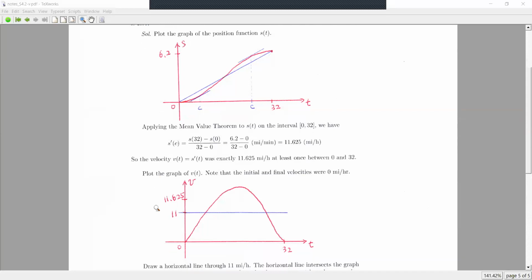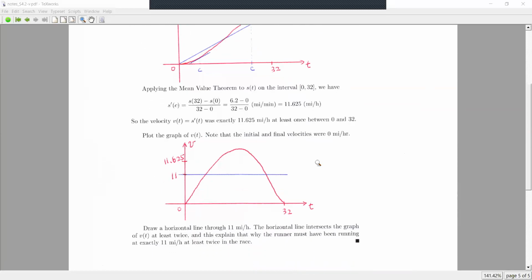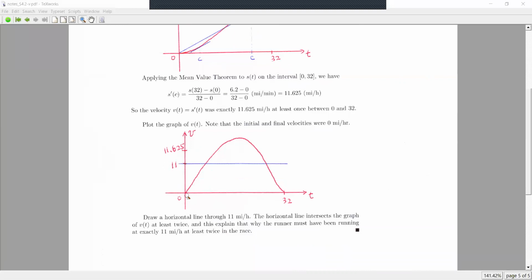Then I plot this graph of the velocity. When time is 0, velocity is 0. So the graph at 0 is this point. When time is 32, velocity is also 0. So the graph at 32 is this point.